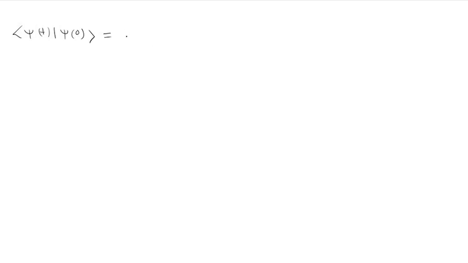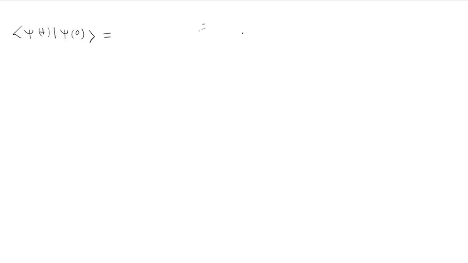I think 1 over root 2, 1 over root 2 is common. Then there is a 1 over 2 here, and you have u1 with some value, minus, this time it's plus, e1 t over h cross. There are two states. So they're testing how to do the inner product.